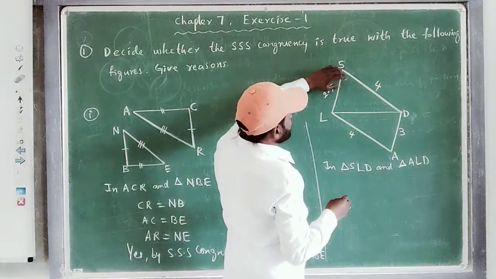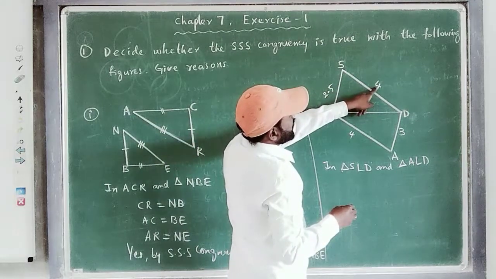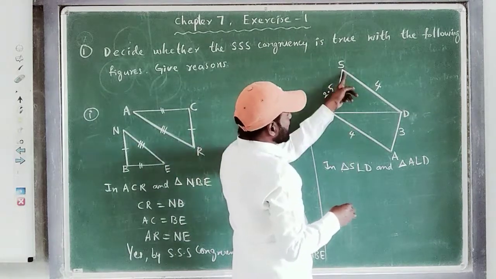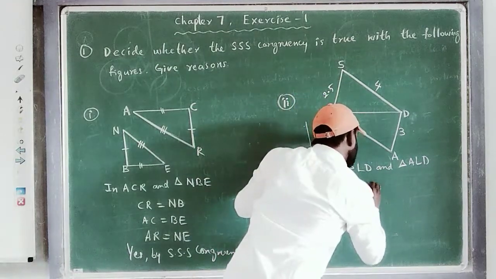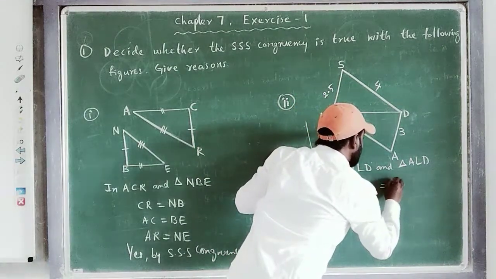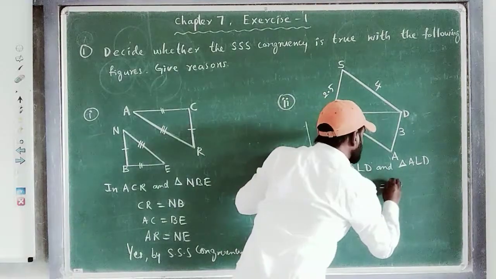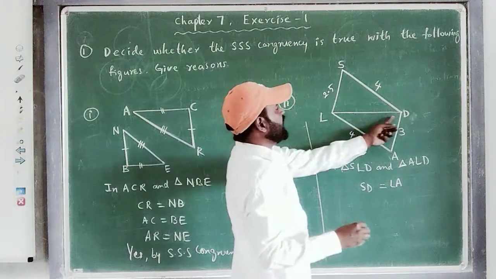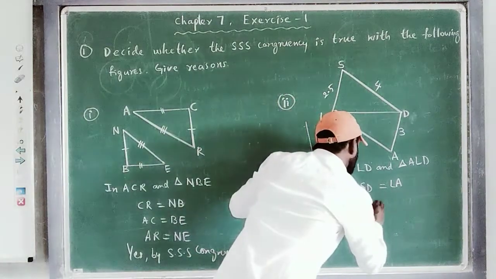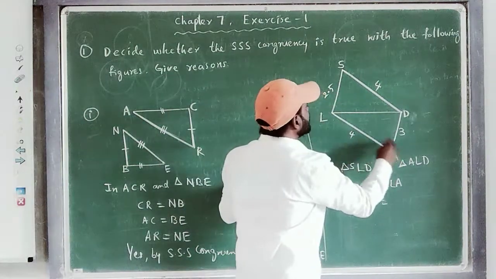In SLD, see what is this? 4. Here also 4. That means SD is equal to AD. Both are 4 centimeters. Next, LD is a common side for both, so LD is equal to LD.